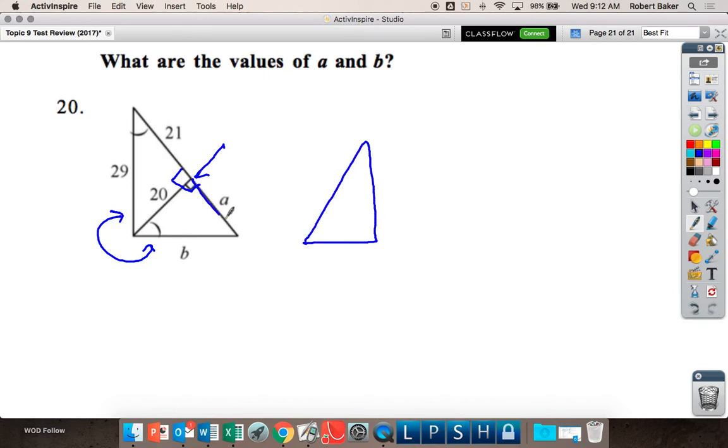You have this one right here. There's a right angle, and there's a congruent angle marked. So what is between the right angle and the angle marked congruent? A 20. Down here on the other side is an A, and the hypotenuse across from the right angle is B. Okay, we have another right triangle right here.